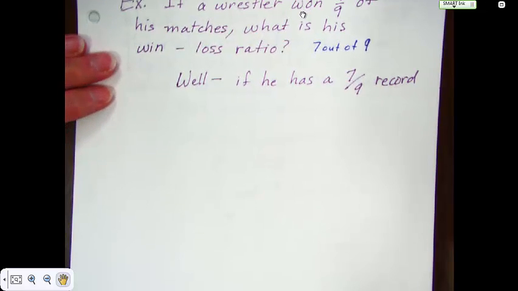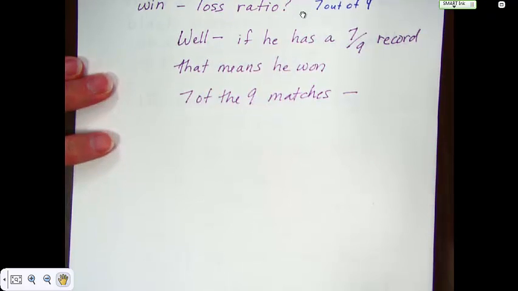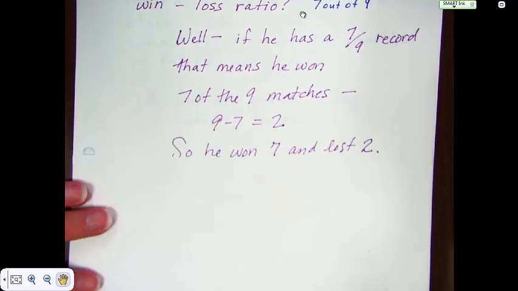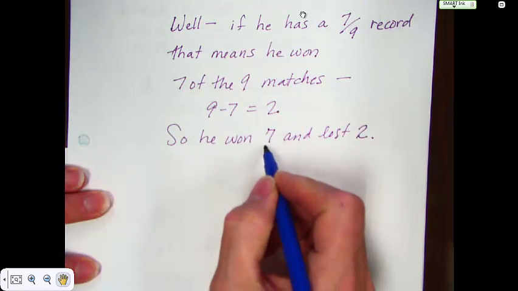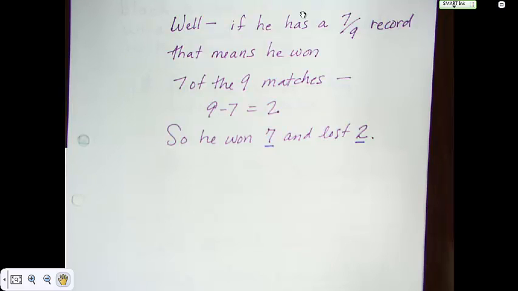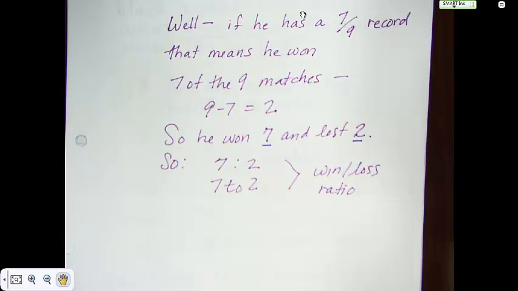Well, if he has a 7-9 record, that means he won 7 of the 9 matches. 9 minus 7 is 2. So his win-loss ratio looks like 7 won and lost 2. So his win-loss ratio is 7 to 2, which you could write as 7:2 or 7 to 2. And a lot of us are into that at this time of year because of the football playoffs and so on. We're really into win-loss ratios.